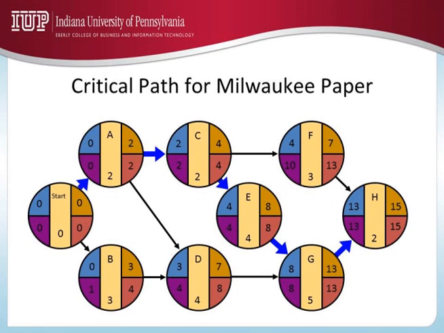If I delay activity F by 1 week, instead of starting it at 4, I started at the end of 5th week. Is there a problem? No, because the latest start time is 10. If I start activity F 3 weeks later, instead of end of week 4, you started week 7, end of week 7, no problem still.